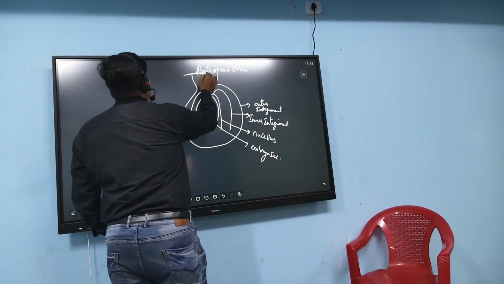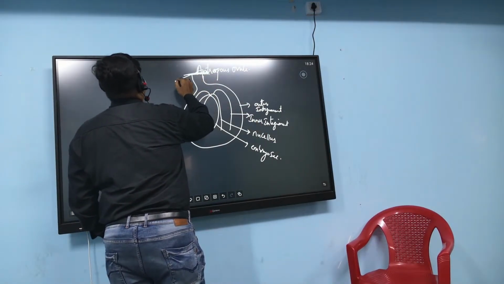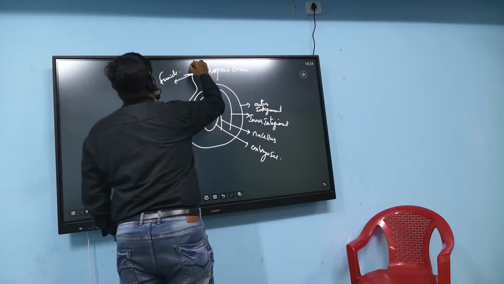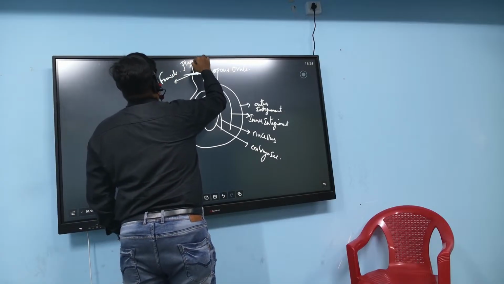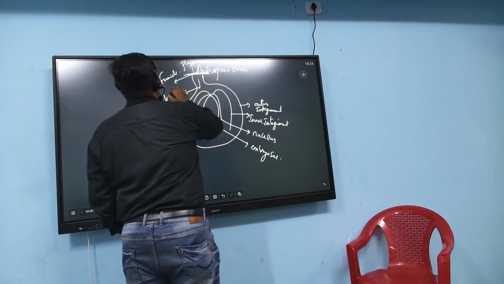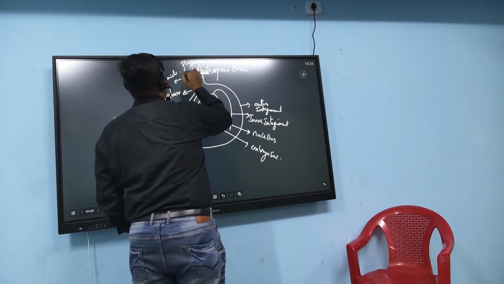The point of attachment is the funicle, which is connected to the placenta, and the space is the hilum.